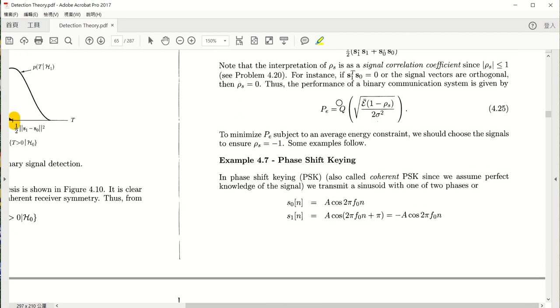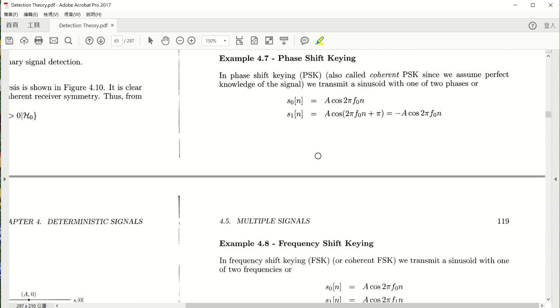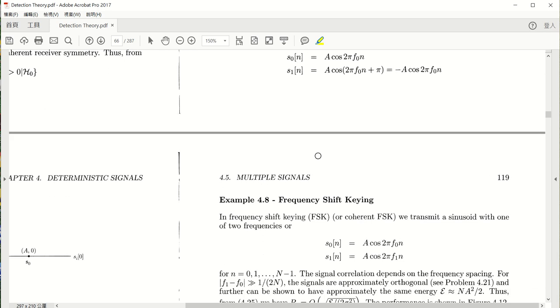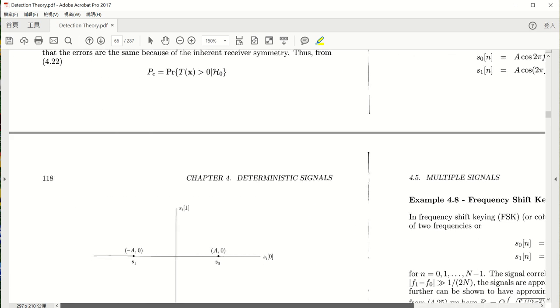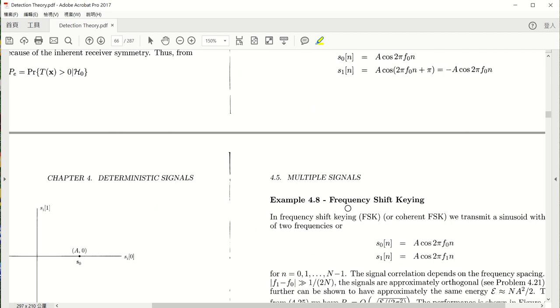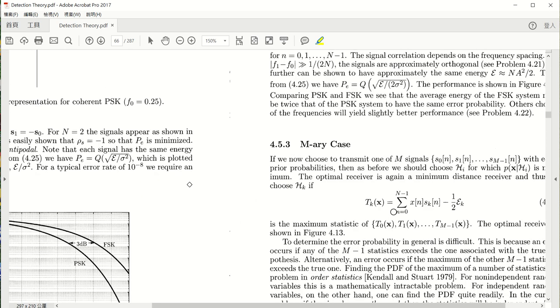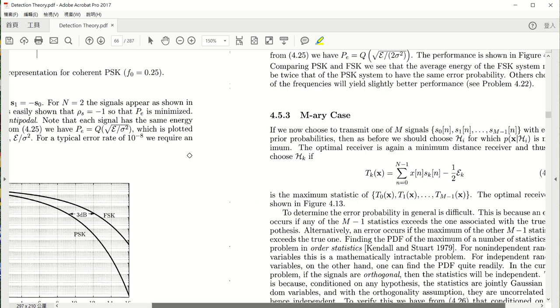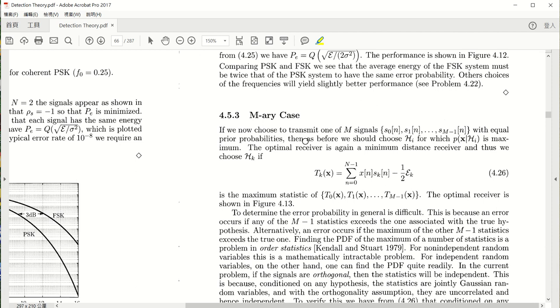Then there is a case for phase shift keying, and things like that. Of course, other examples include frequency shift keying, FSK, and then here comes the other thing, that is the M-ary, the more general case.